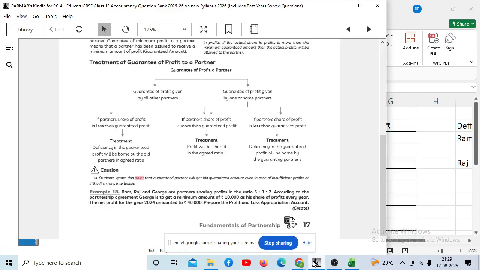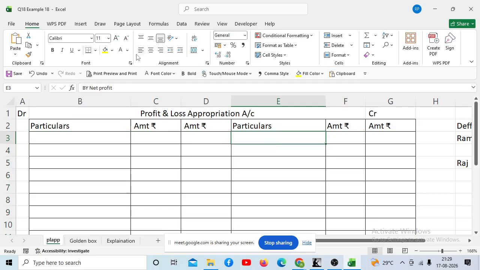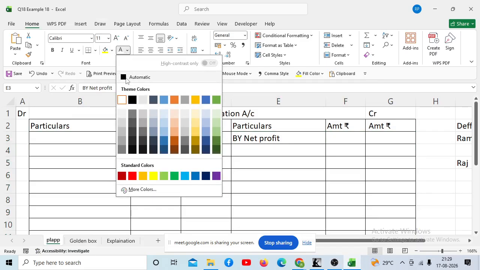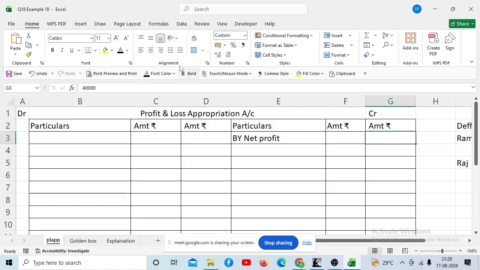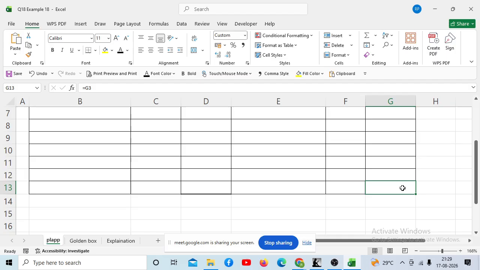There is a net profit of 40,000, right? So it will come on the credit side. We will write here by net profit 40,000. Okay, and we will close this account. The net profit will be distributed among the partners.